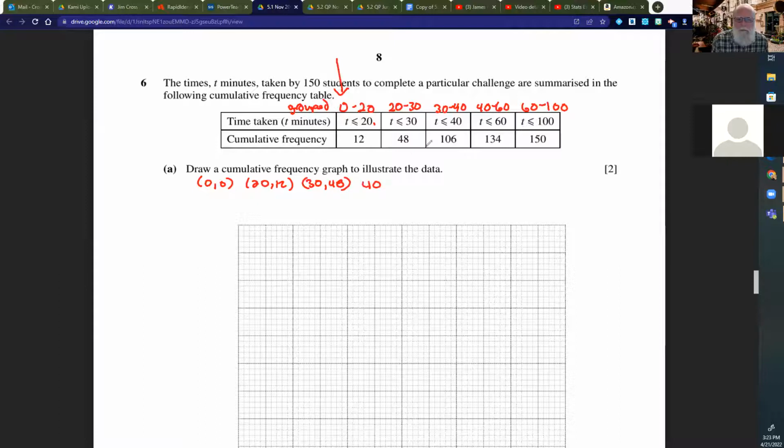And see, all that I'm doing is taking the upper value for each class, and then attaching to it the cumulative frequency. And like I said, if they had written the table where it wasn't all added up, I would have had to add all this stuff. They'd actually saved me a little bit of work. What's the next point going to be? 60, 134. And then? 100, 150. All right, those are my points.